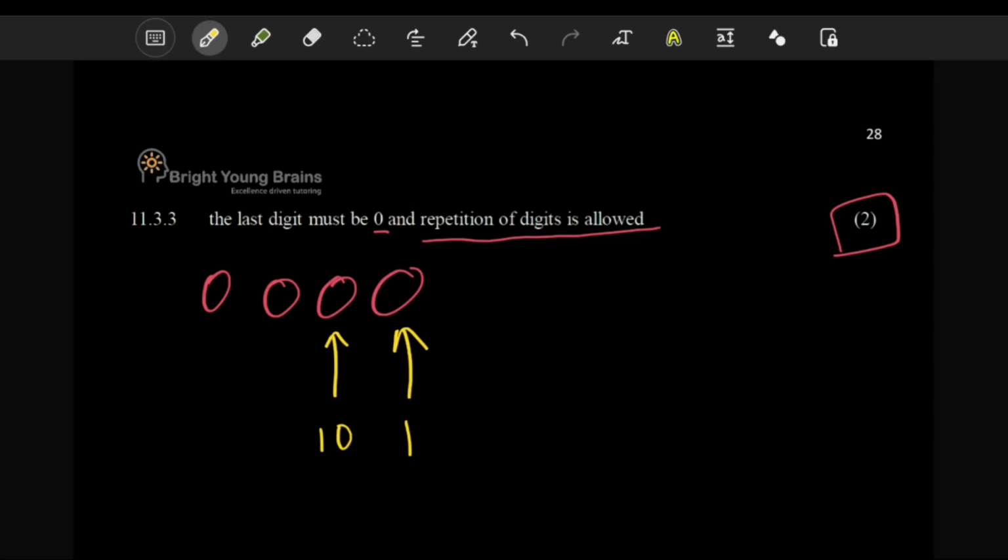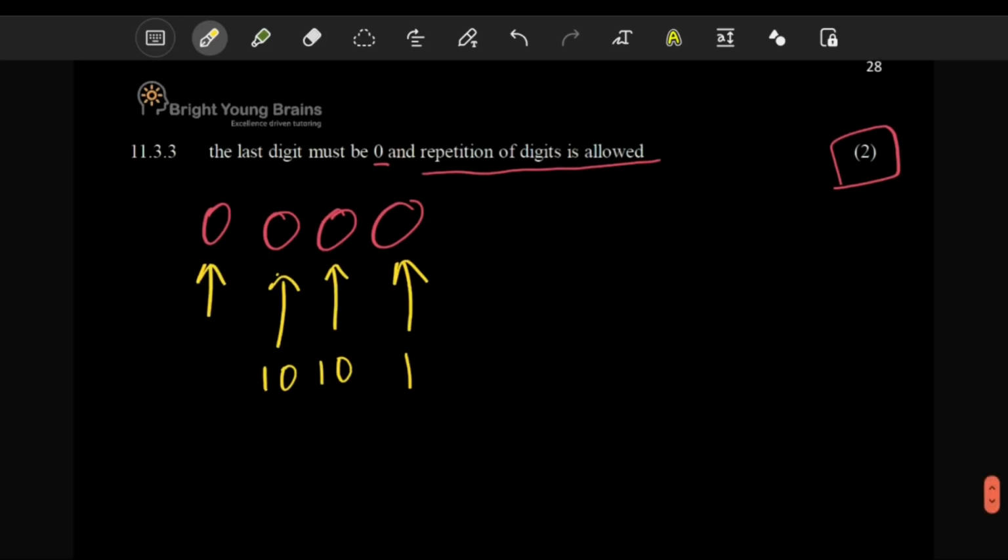Yeah, they said repetition of digits is allowed. The last digit must be a 0, and repetition of digits is allowed. Okay. So here you have 10 options, and then here you technically also have 10 options, but in the front, remember, your number cannot start with a 0.